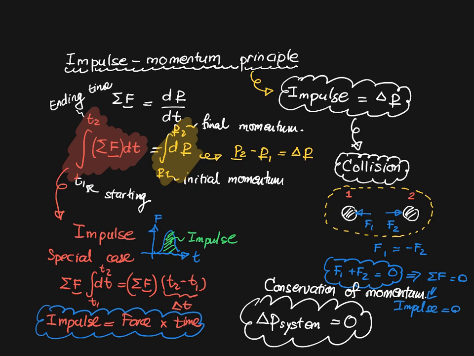What you need to be careful about here is that if we consider just one particle, for example only particle 1, you'll see that this particle 1 is exerted by the force F1, and therefore there must be an impulse on this particle, and hence the momentum of particle 1 will change.